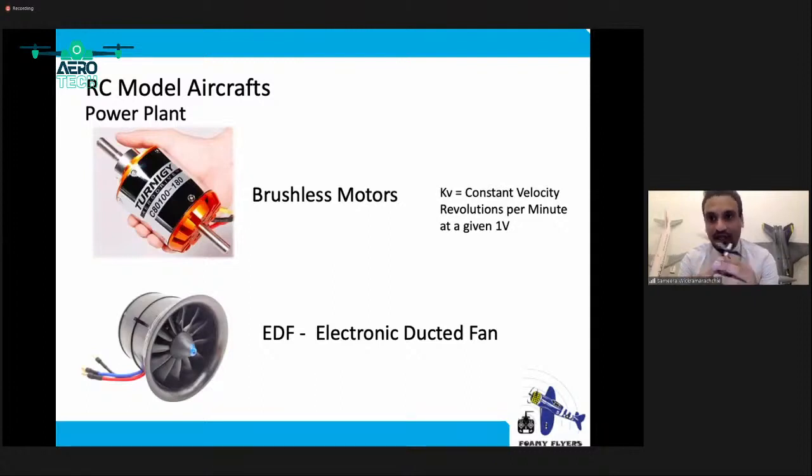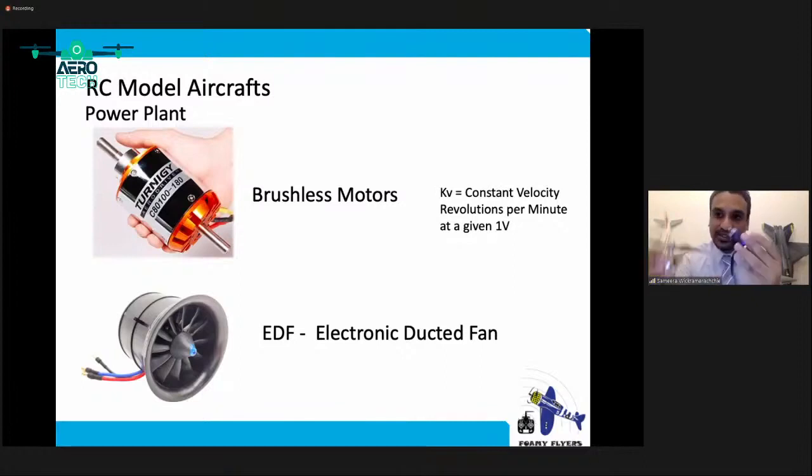So you can get the idea of how many rotations it does, but it does not particularly mean that the higher the kV, the more power you have. It does not work like that. For example, if you get another motor, this has less kV, around 750 kV, but it will have more power than the 1400 kV depending on the propeller it uses.